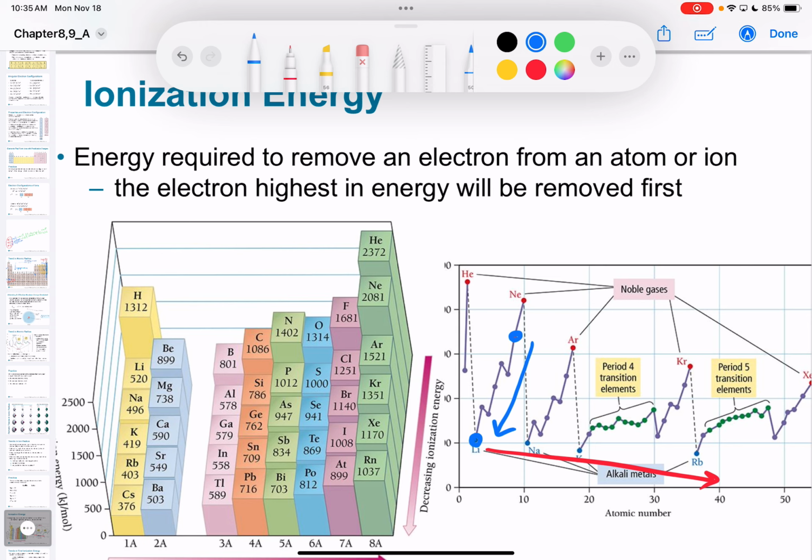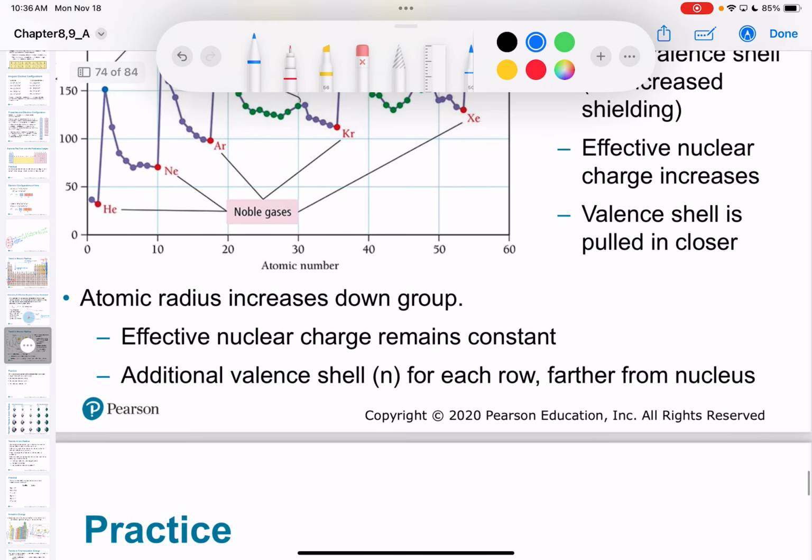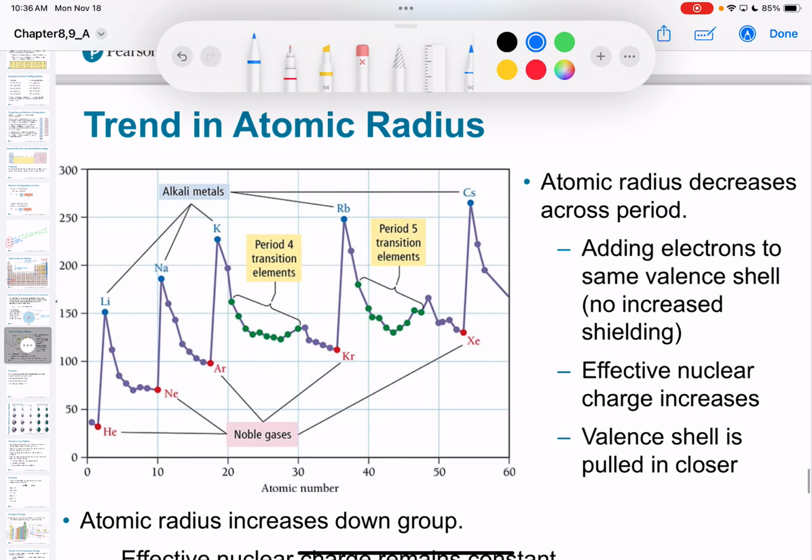So you can interpret it from a periodic table with the values. You can also interpret it from a graph like this. But again, tying it back to the size is going to be key. And we actually have those plots for size as well. Right here. In this one, now I'm going to forget which colors I used. I think I used red for the column.